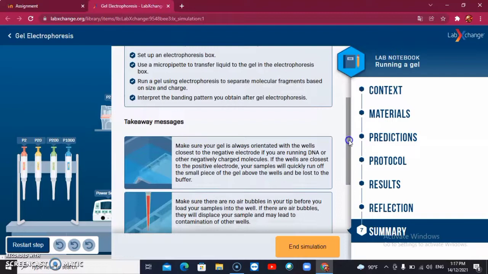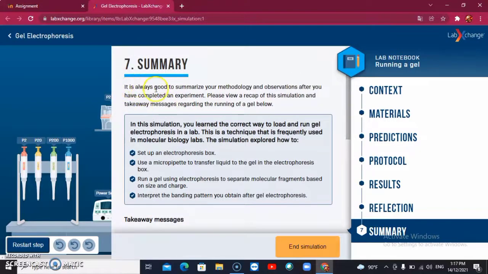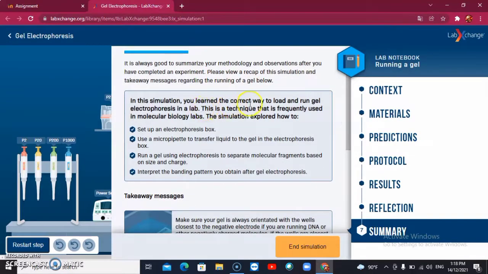This is the summary below of this lab simulation. It is always good to summarize your methodology and observation after you have completed an experiment. Please view a recap of the simulation and takeaway messages regarding the running of a gel below. In this simulation, I learned the correct way to load and run gel electrophoresis in a lab.